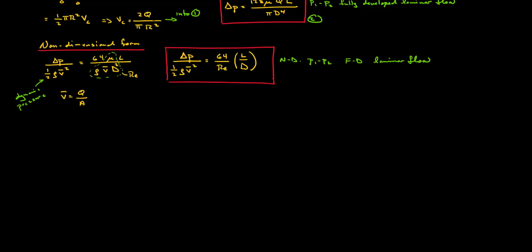So as we can see, for a laminar flow, the pressure drop is dependent on the ratio of the length over the diameter, and inversely proportional to the Reynolds number. We can generalize this by introducing what we call the friction factor.